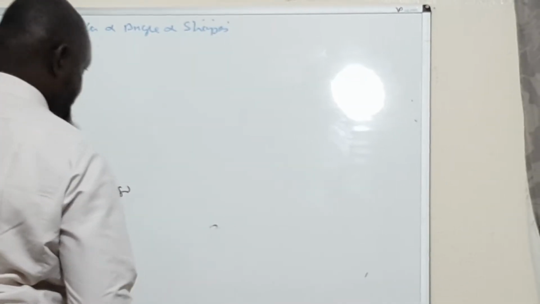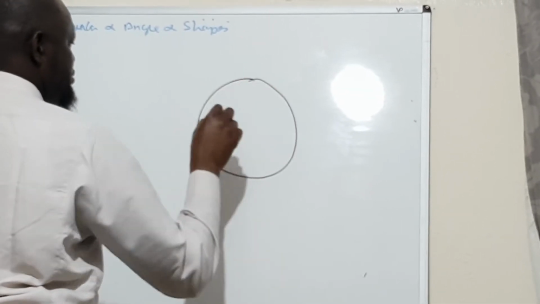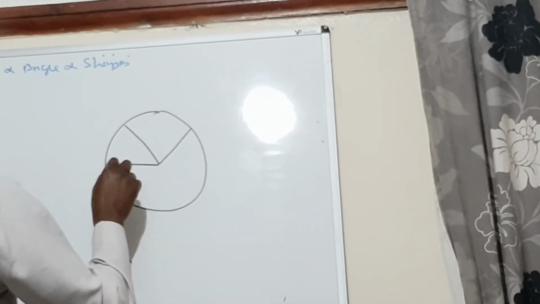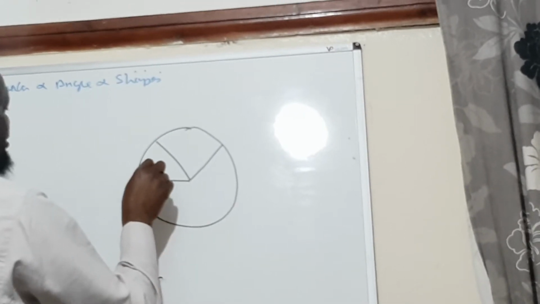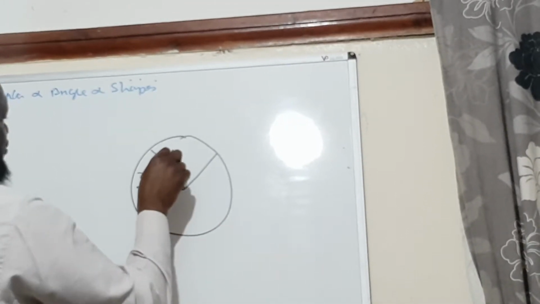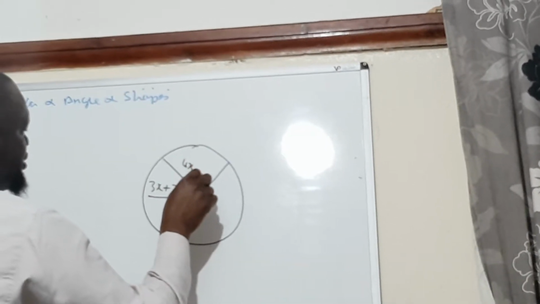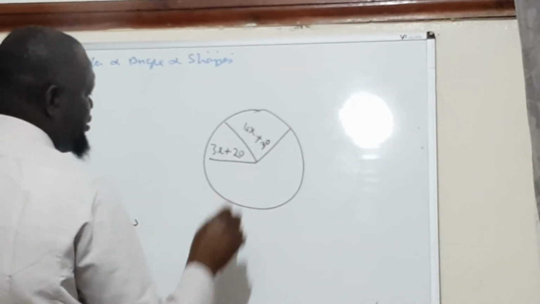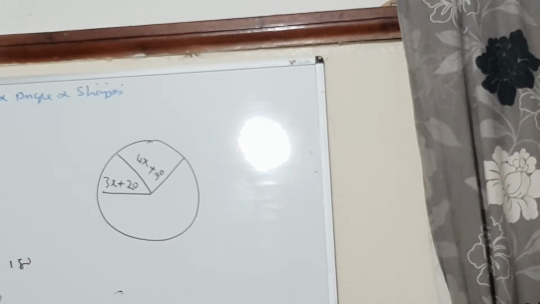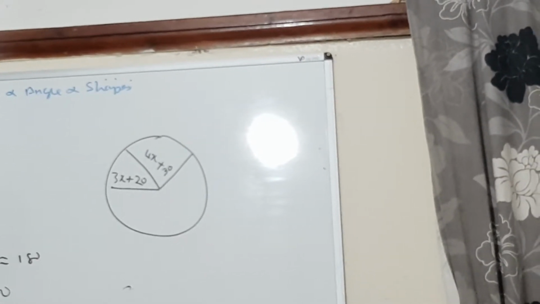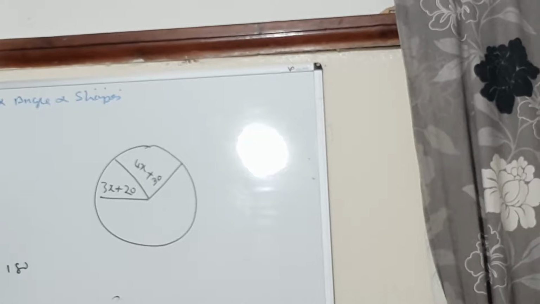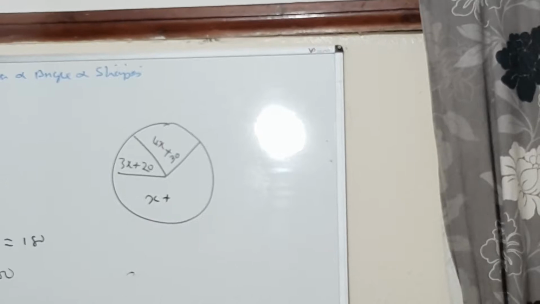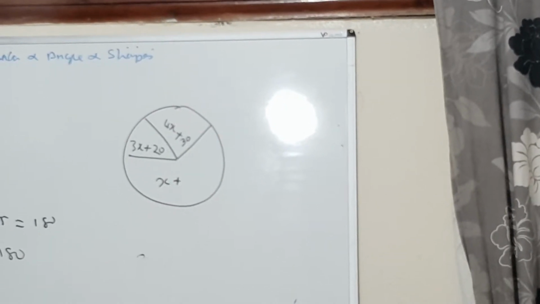And then we look at our shapes again. Now look at this circle. This is 3x plus 20, 4x plus 30, x plus 10, and this one is 120.